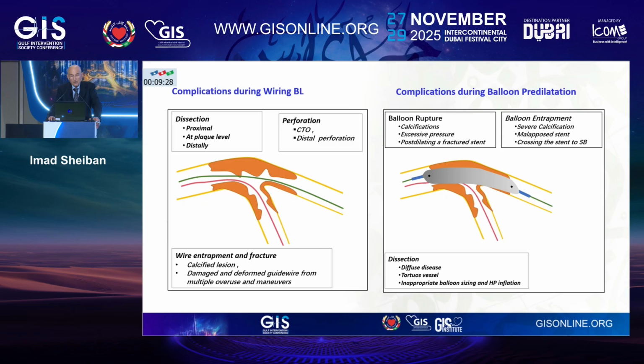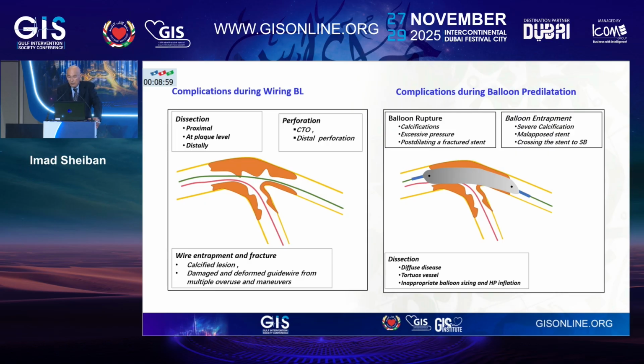Complication due to the wiring might be proximal at the level of the plaque and distally. Perforation can occur particularly if you have CTO, but CTO on left main is not that frequent. And distal perforation by guide wire means in the distal part of the arteries of both branches.